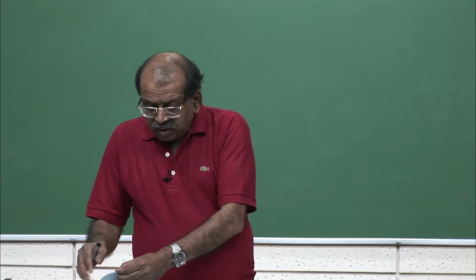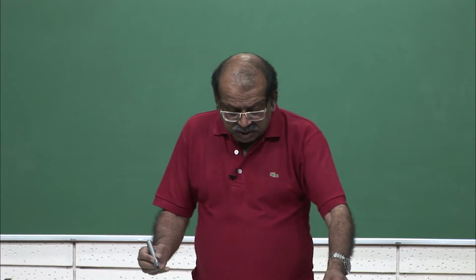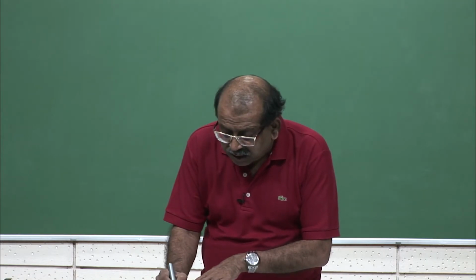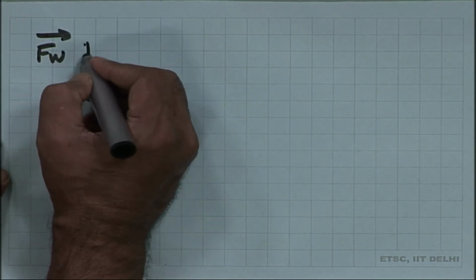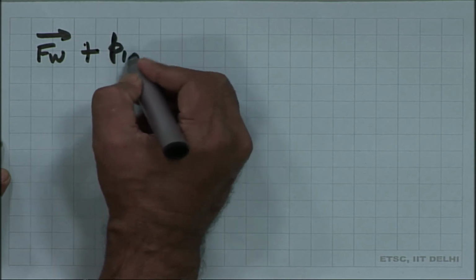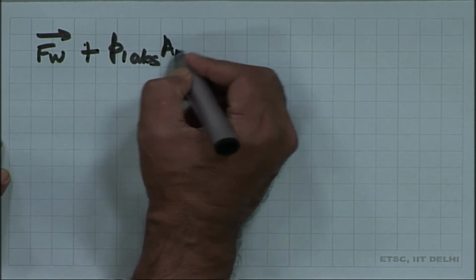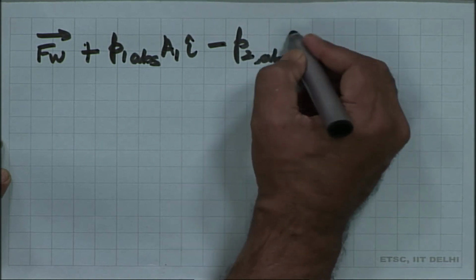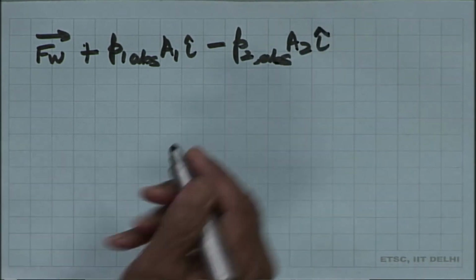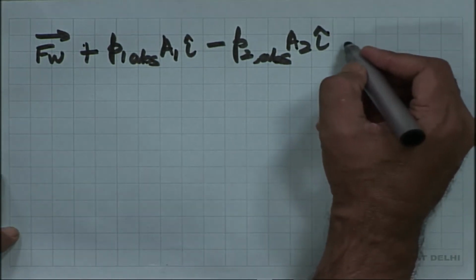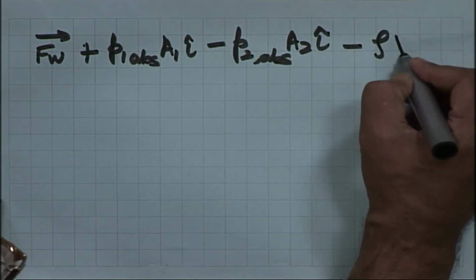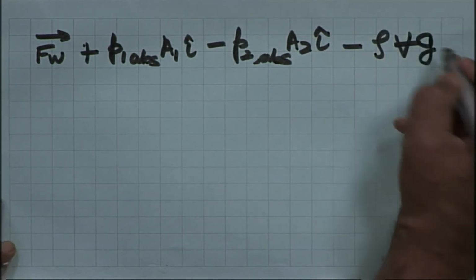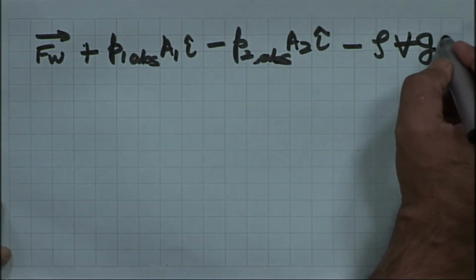So, now when you use this equation, what you will get is Fw plus P1 absolute A1 i minus P2 absolute A2 i. This is the total external force, and then there is minus rho volume times g in the j direction.